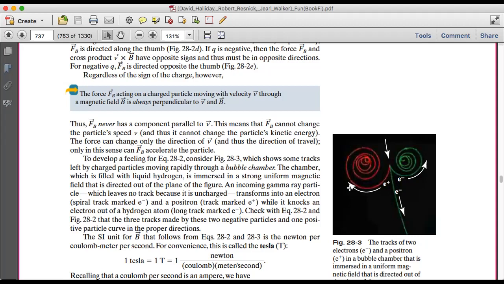But the positron, the antiparticle of the electron, has a positive charge, so it moves the other way around, to the left. Somehow the radius is almost the same, because usually the positron's energy is higher than the electron's.